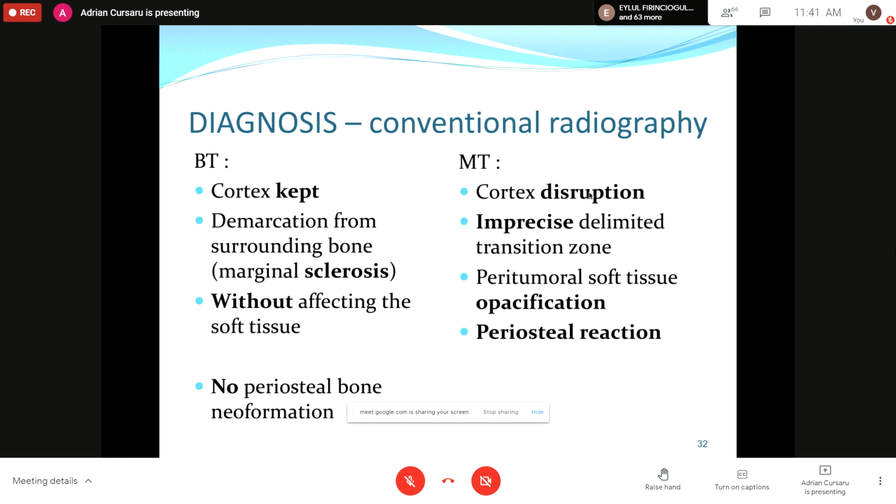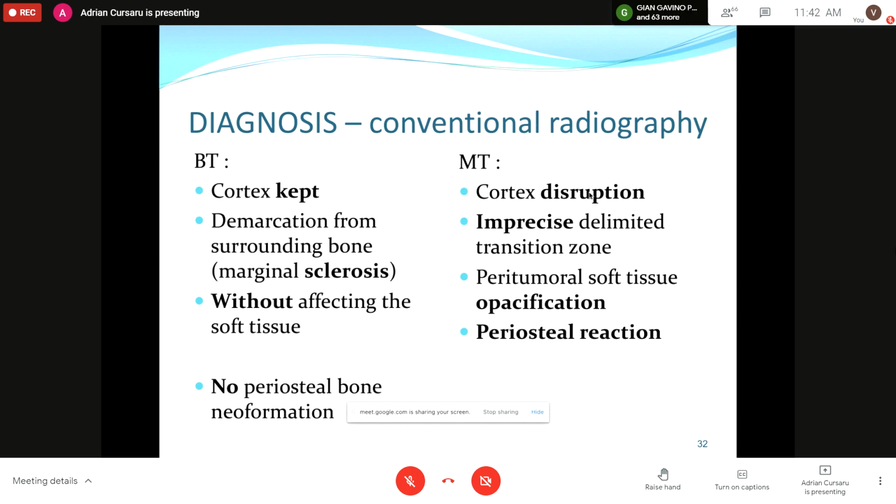If it's an intracompartmental or extracompartmental one, you have to ask for MRI or CT. But the cortex, the demarcation bone form, and the marginal sclerosis, you can see very well on the X-rays.